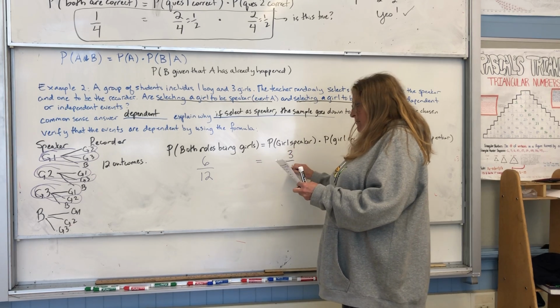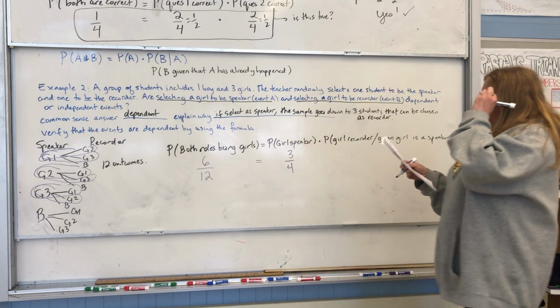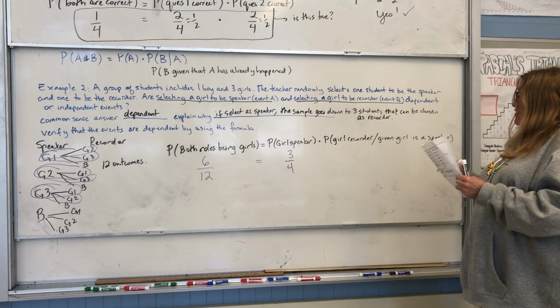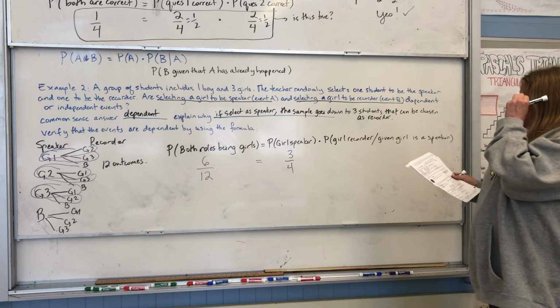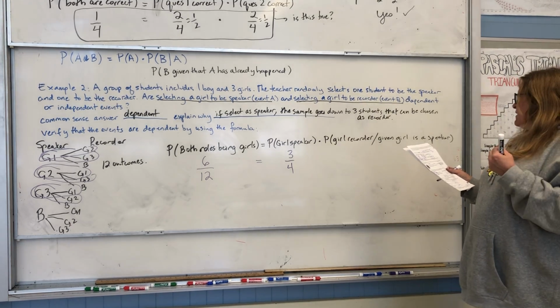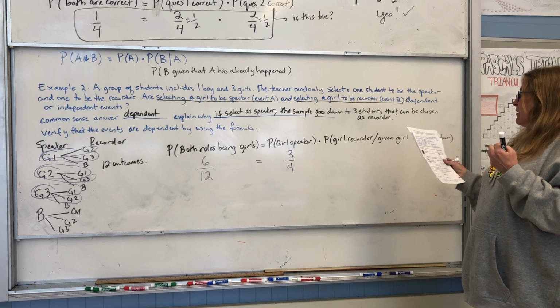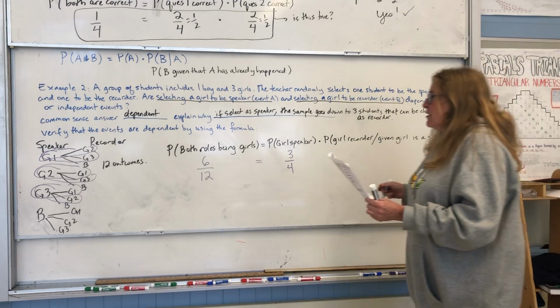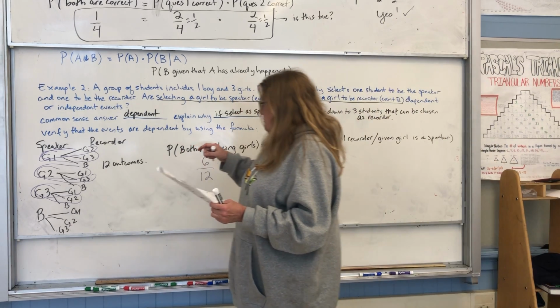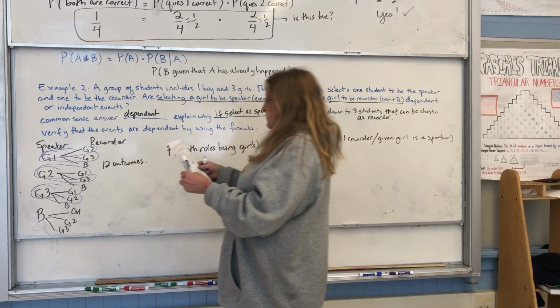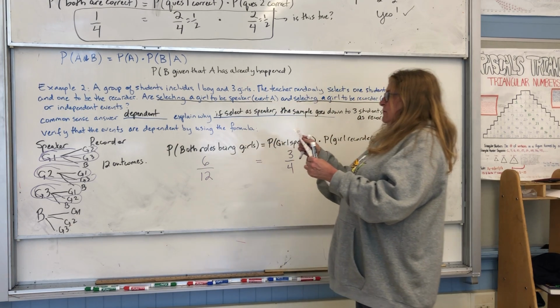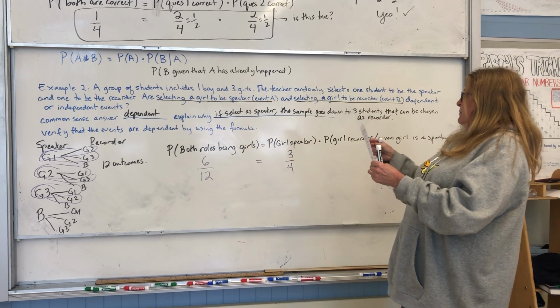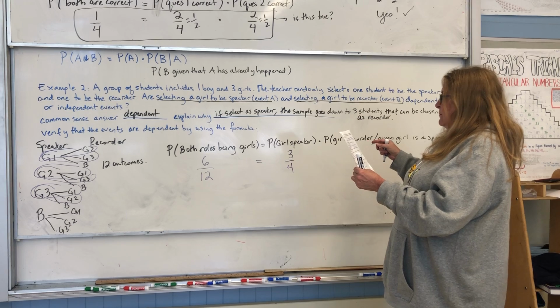Oh, that's a better pen. Okay. What is the probability that a girl is the recorder given that there's already a speaker, that the girl's a speaker? Okay. Well, let's look. Yeah, that's right.